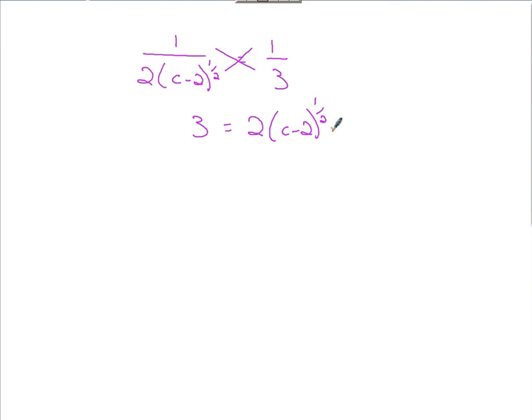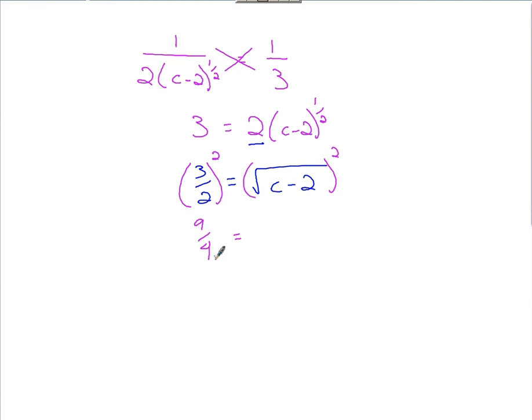Okay, at this point, again, trying to solve for c, I might divide this 2 over to try to isolate that expression right now that's got the c in it. If I divide that 2 over, got 3/2 equals, I'm going to change this to square root of c minus 2 for solving purposes. If I change that over to a root, I can see a little bit better now how if I square both sides, I lose that root. 3/2 squared would be 9/4.